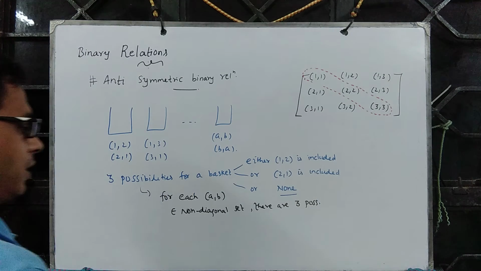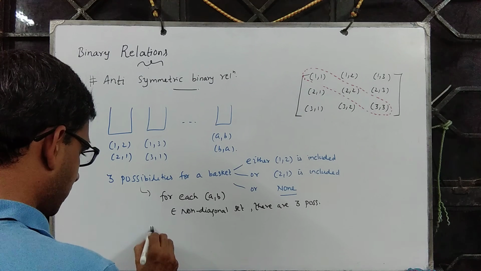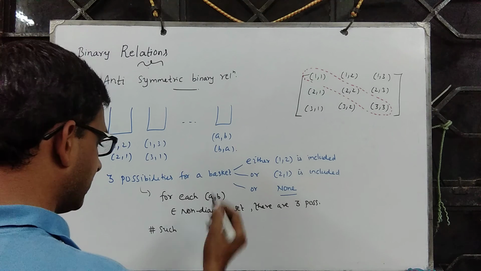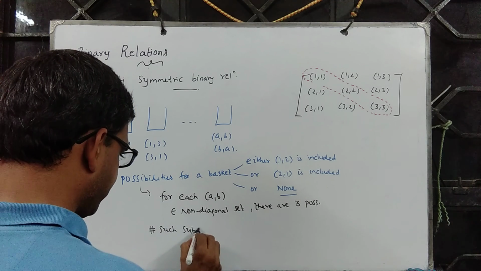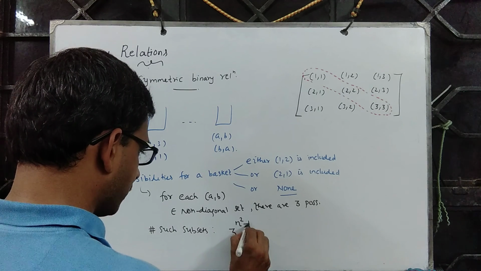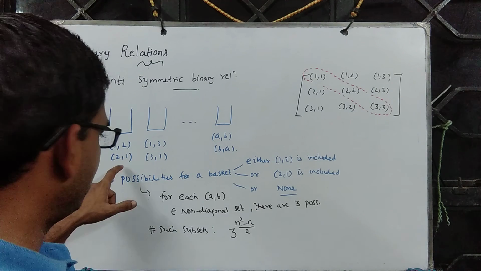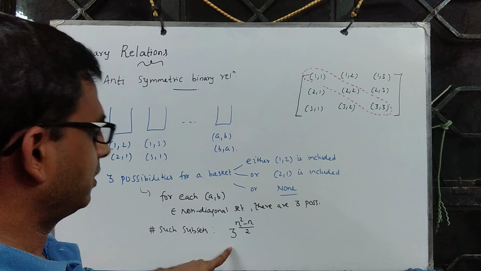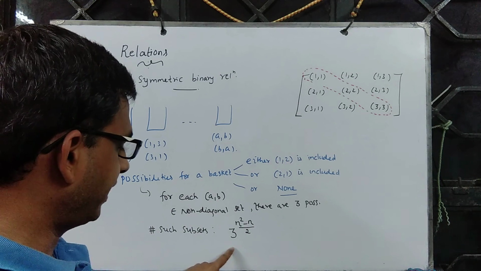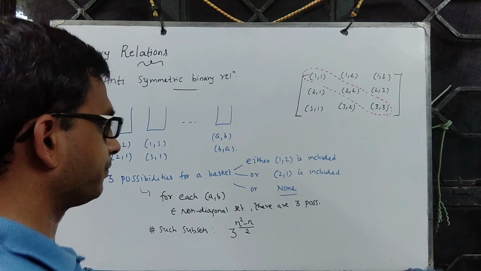So now, how many such possibilities are there? The number of such subsets is 3 power (n² − n)/2. For each basket you have 3 possibilities. The number of baskets is (n² − n)/2, so you get 3 to the power (n² − n)/2.